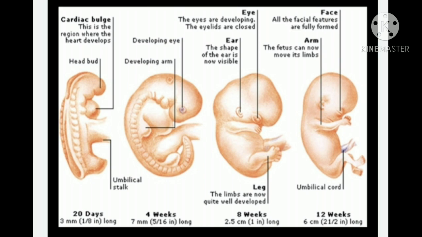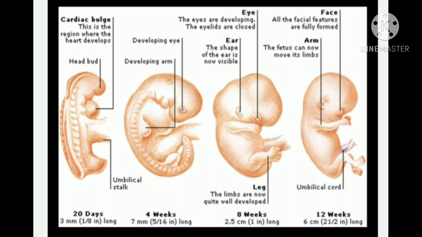Then you can see the next portion is the cardiac bulge. Cardiac bulge means the bulge which contains the heart inside it. This is the region where the heart develops. Cardiac means heart, and it's a bulge in shape, because of the developing heart the bulging comes out. Then you can see the umbilical stalk.